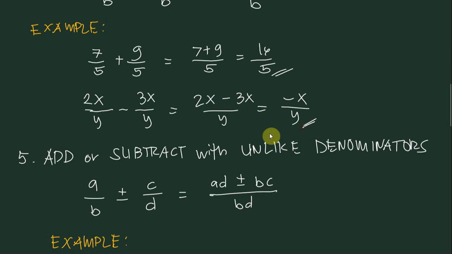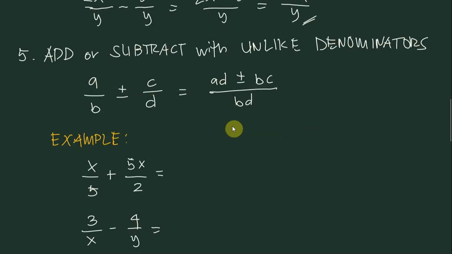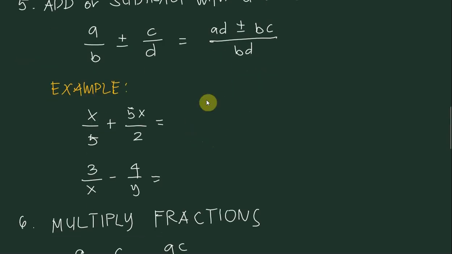Okay, so let's proceed to the next one. Add or subtract with unlike denominators. So a over b plus or minus c over d, as you can see, we have different denominators. What we do is we multiply the denominators and then multiply a by d and then plus or minus b multiplied by c. So let's give examples here.